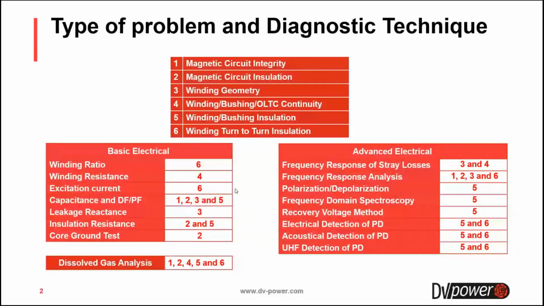In the left corner, we can see dissolved gas analysis, and with this method we can cover almost all tests mentioned in the first table. Everything but winding geometry we can test with dissolved gas analysis. Today we will talk about winding resistance and a little bit about dissolved gas analysis.